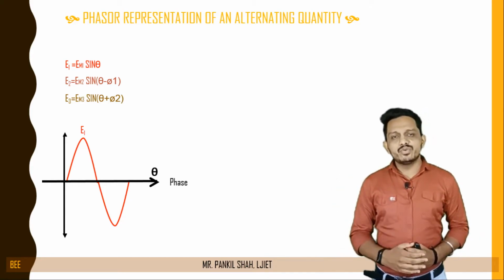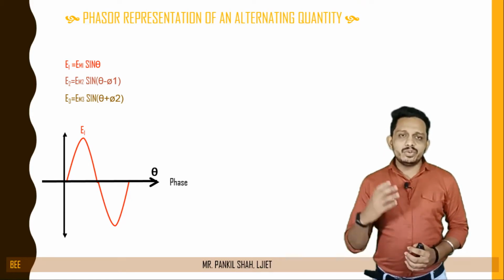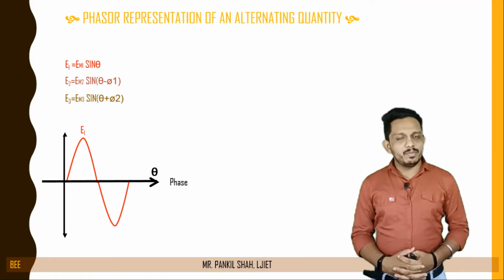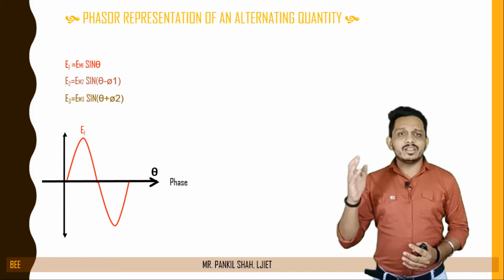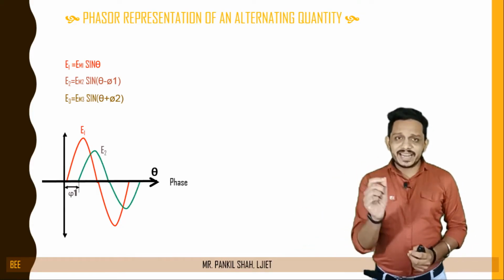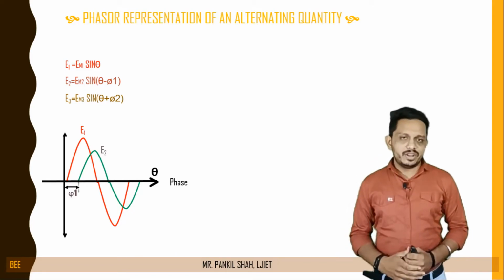Now we need to draw the second quantity, E2, which has the angle minus phi 1, and minus phi 1 means E2 will start after the reference quantity by phi 1 degree. You can see in this waveform that our second quantity E2 is lagging behind our first quantity by phi 1 degree.